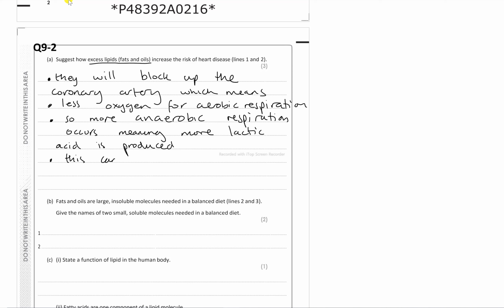This can denature the enzymes and kill off the cells, leading to a heart attack.